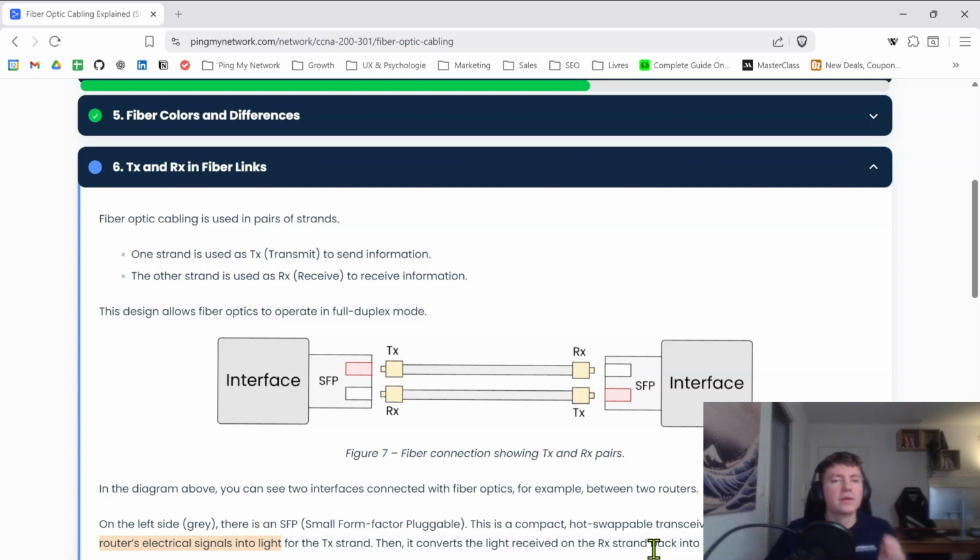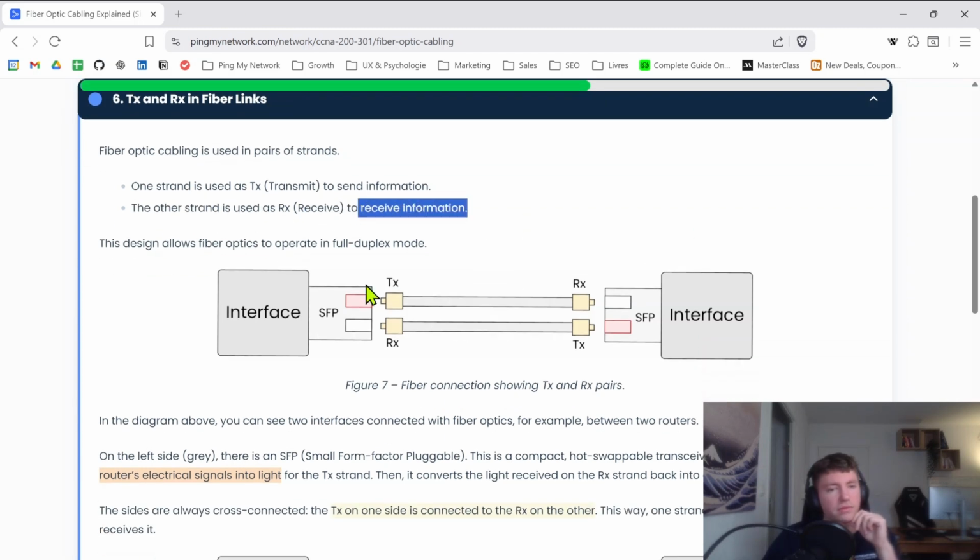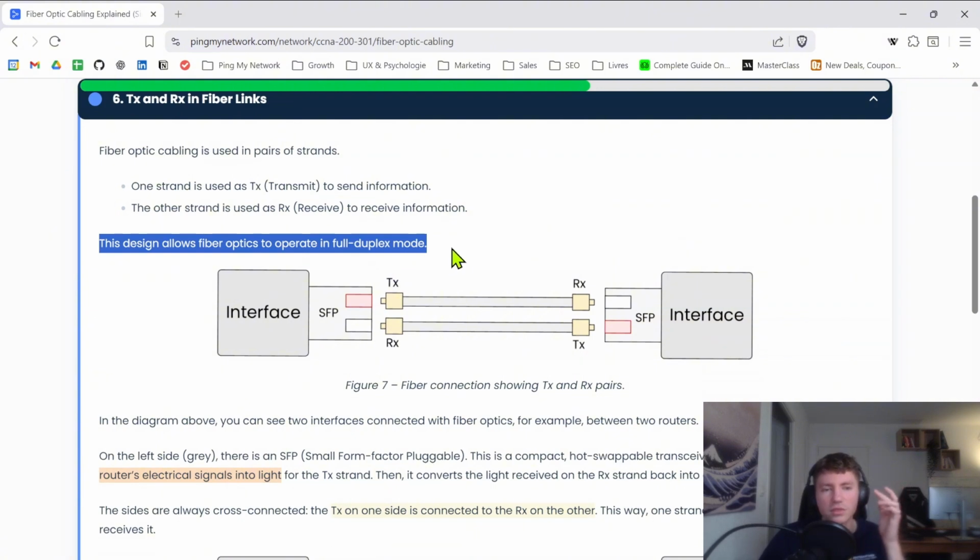Fiber optic cabling is used in pairs of strands. One strand is used to transmit, sending information, and the other strand is used to receive information. This design allows fiber optics to operate in full duplex mode. Duplex is the way the data moves, so full duplex means you can send and receive at the same time.